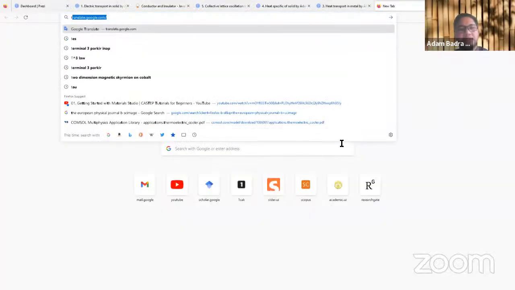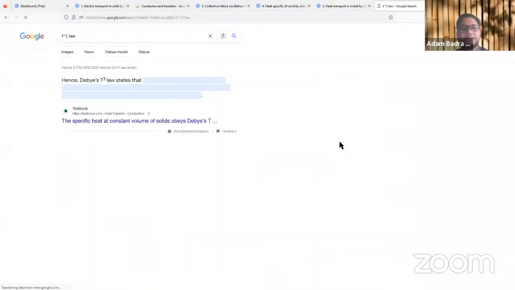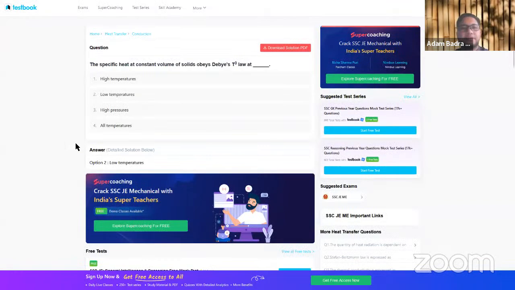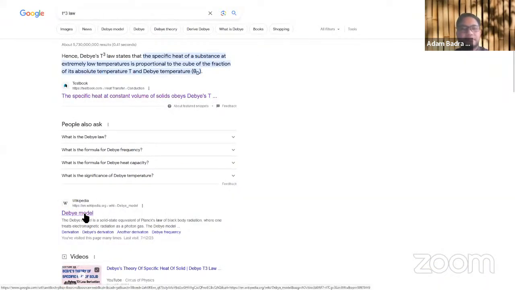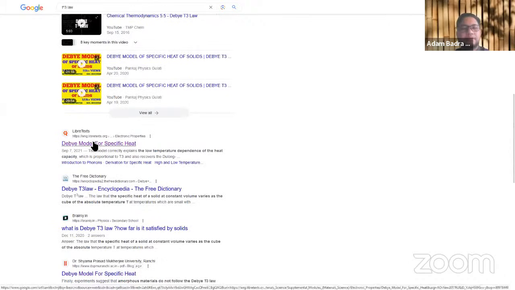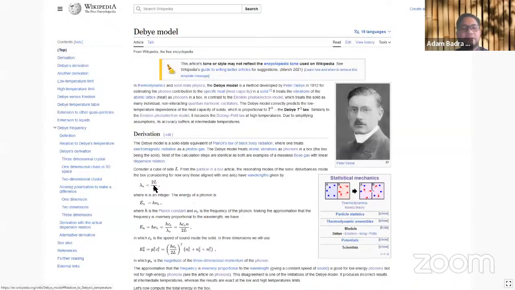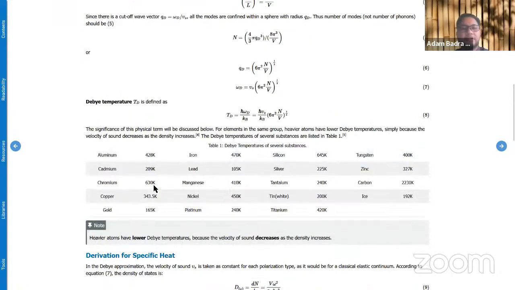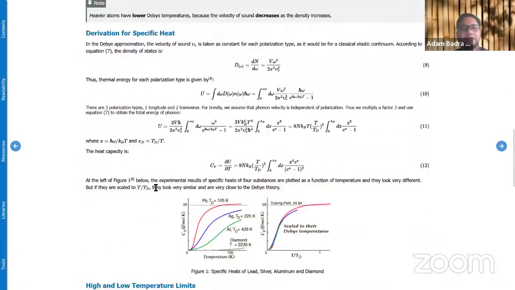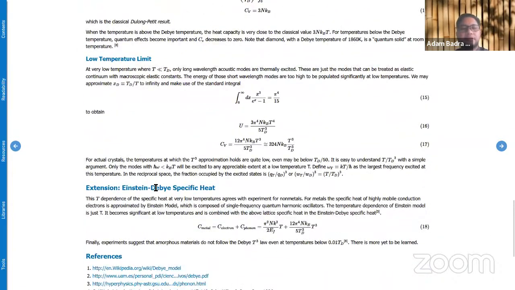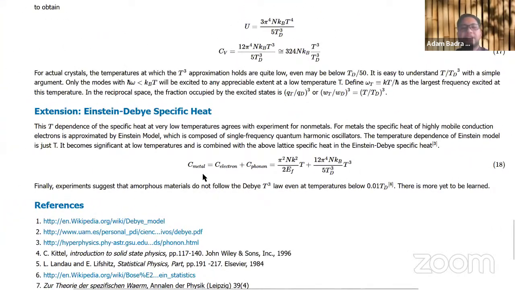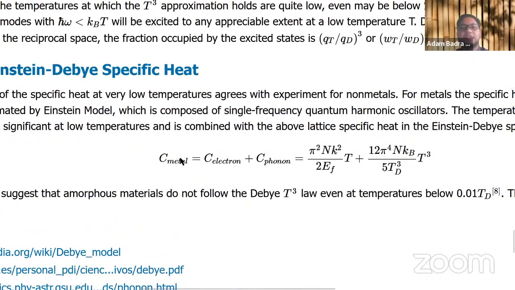So as a conclusion, if we talk about metal, the total contribution has the contribution of the electron and phonon.